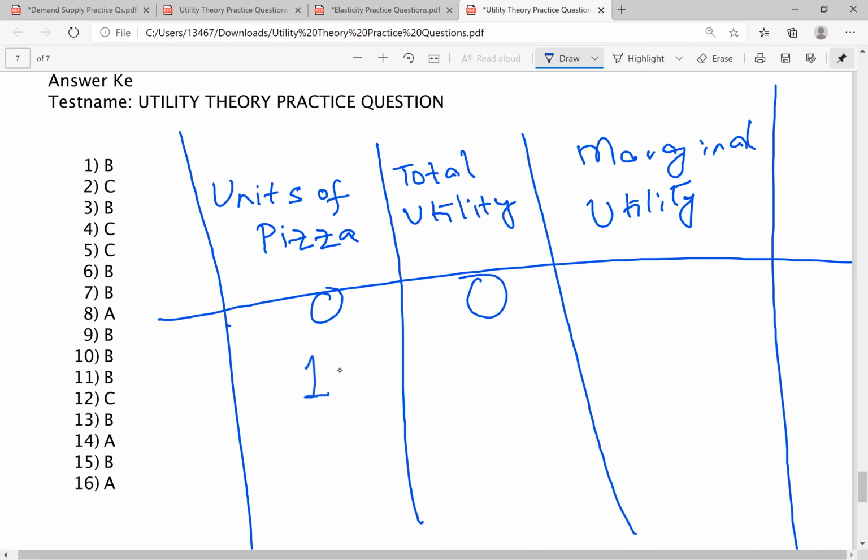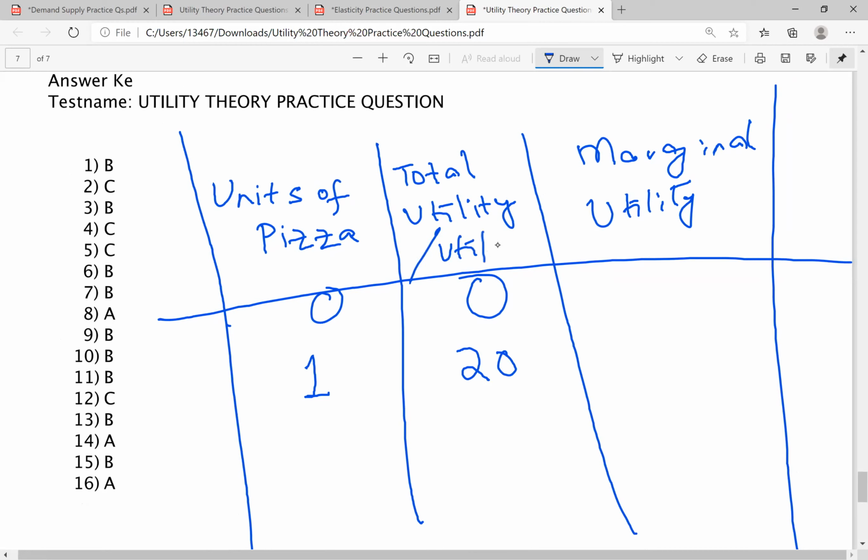All right. Now I'm eating the first slice of pizza after not eating pizza for a while. This makes me very happy. My total utility, if I'm trying to quantify my utility, is equal to 20 utils.